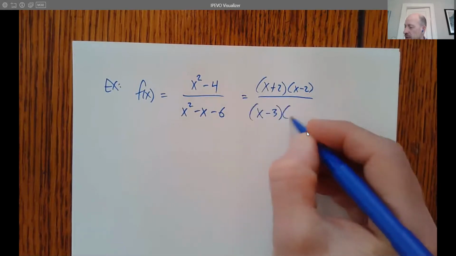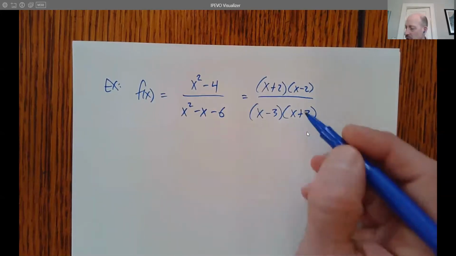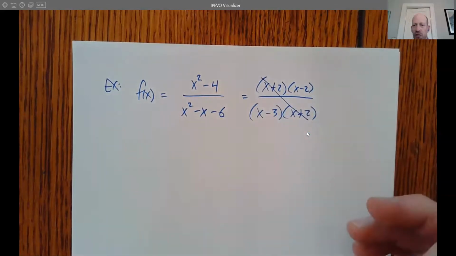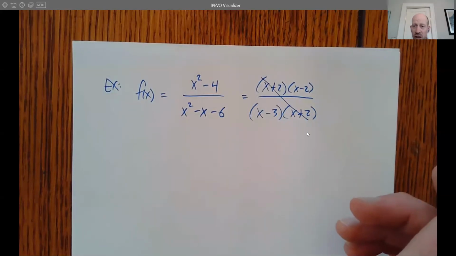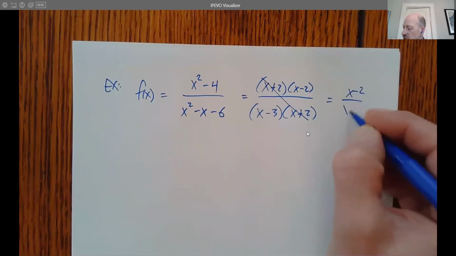I haven't done that with the other problems, and that hasn't been an issue, but if you don't factor in the beginning, you might miss looking at it the right way. And what we want to notice here is that unlike the other problems, there's this common factor of x plus 2. You have been trained that you'd like to cancel that x plus 2 out, which is a good instinct, but it does change the function.